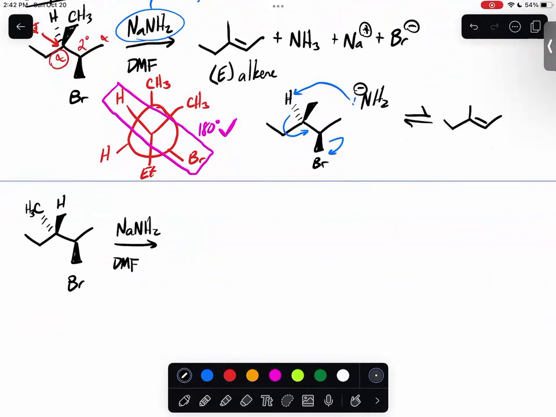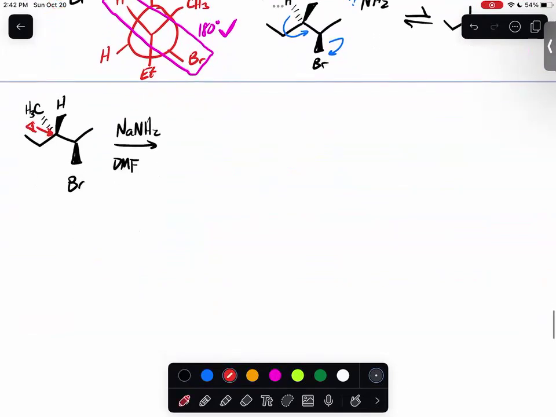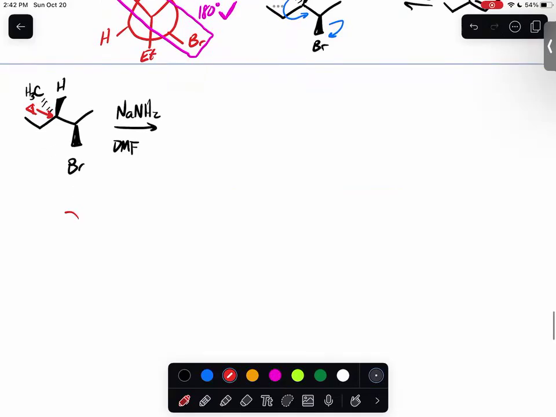But if we do our Newman projection, looking down this bond, what we would see is that it's not going to necessarily align with what we originally had done, right? We would see that from this, if we were to draw our Newman projection, our ethyl would be here, hydrogen here, CH3, bromine, CH3, and H. Right?